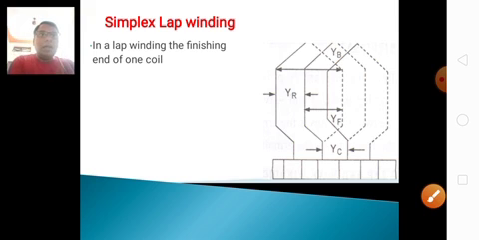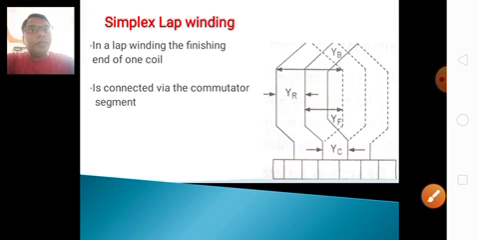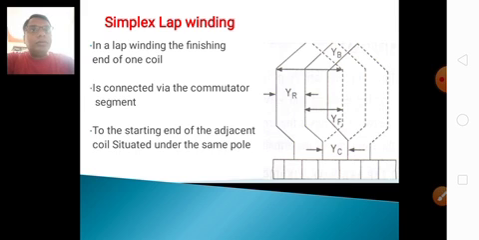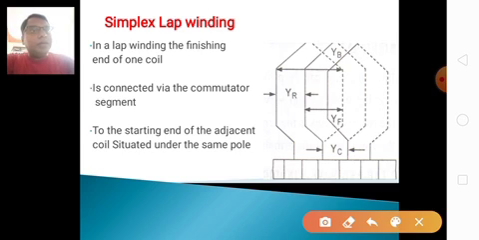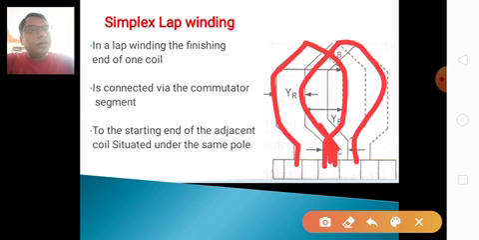Simplex lap winding. Here in lap winding, the finishing end of one coil is connected via a commutator segment. When a coil finishes, the next coil is connected like this, and that coil also finishes and connects via a commutator segment.